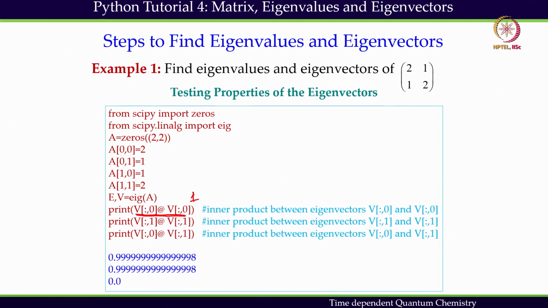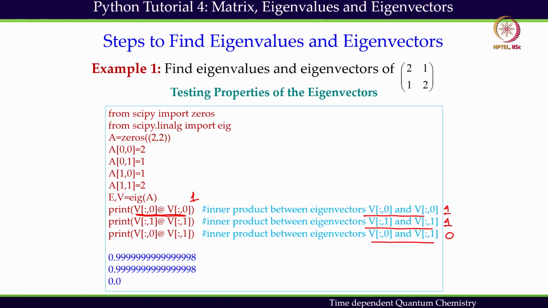So both would be 1. But if I take the inner product with the other eigenvector, it is going to be 0, because they are orthogonal to each other. Each vector would be orthonormal.